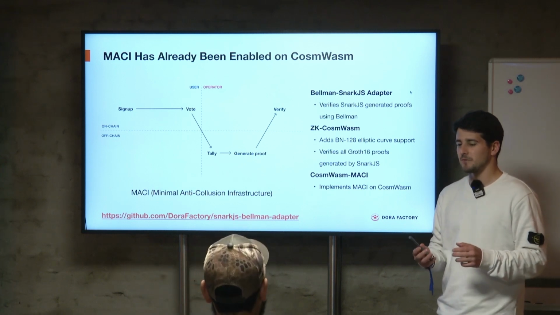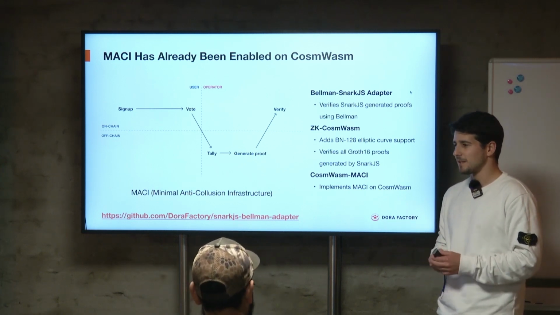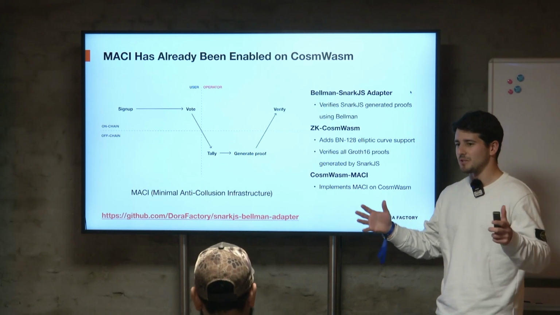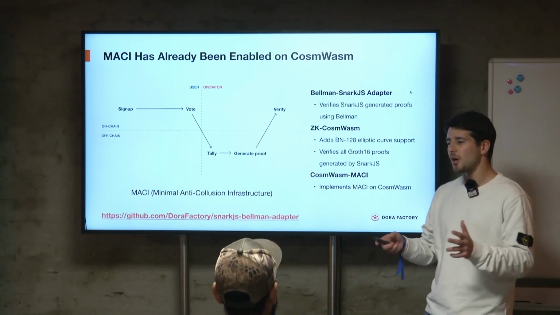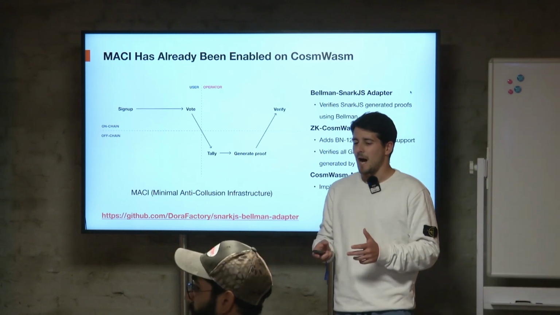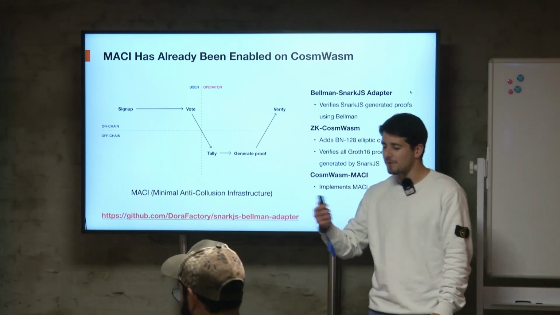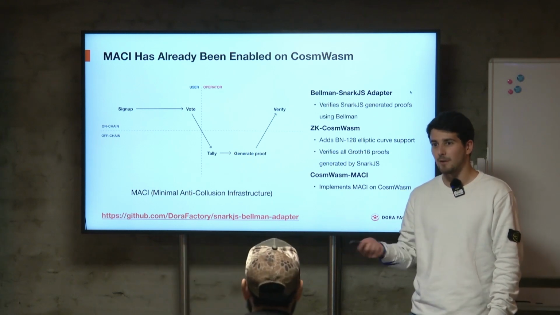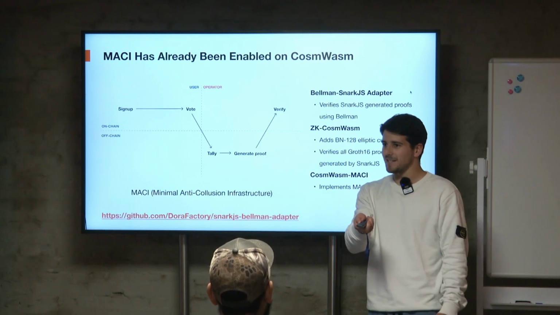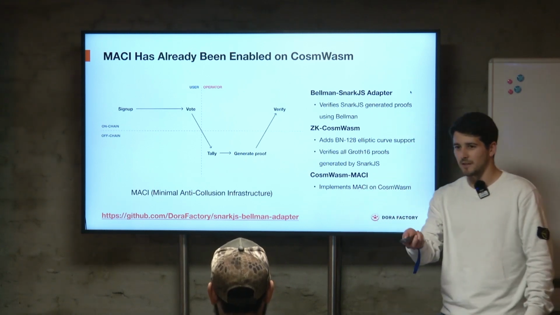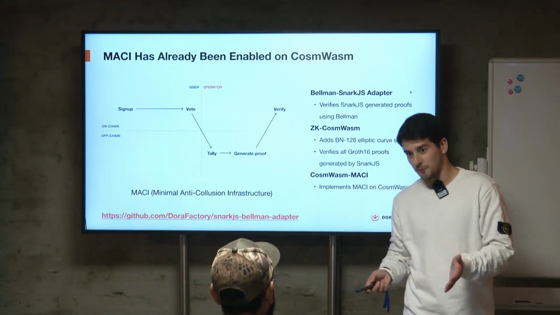MACI voting is very good in a few ways because it reduces collusion in on-chain voting, because you don't actually know which way anyone voted. And whoever votes has no evidence that they can share with anyone of how they voted, right? So why would I pay Zon to vote yes? I could buy Zon's vote. Zon, here's $100, vote yes for me, right?